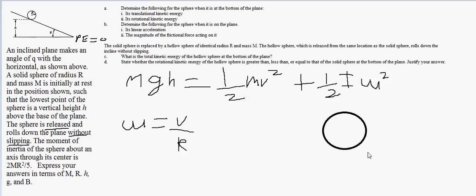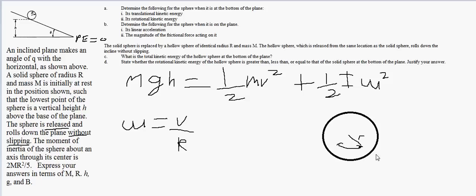So this is the circle, let's say. Alright, this is the center of mass. Let's say this is the point, then this is the radius, small r, and this is the velocity of this point, which is moving.